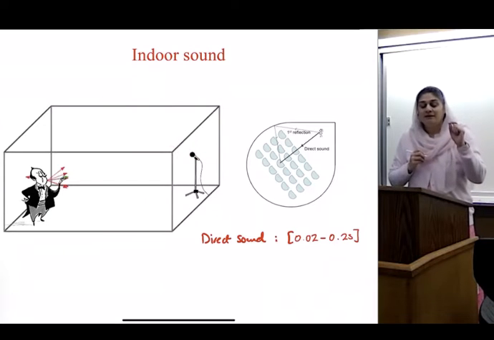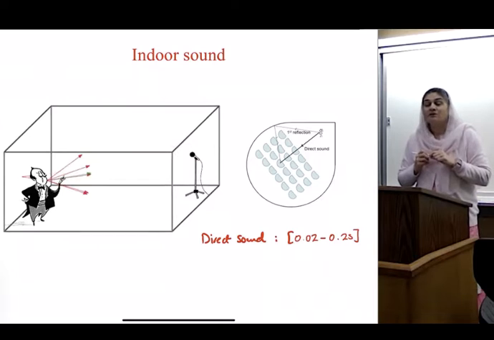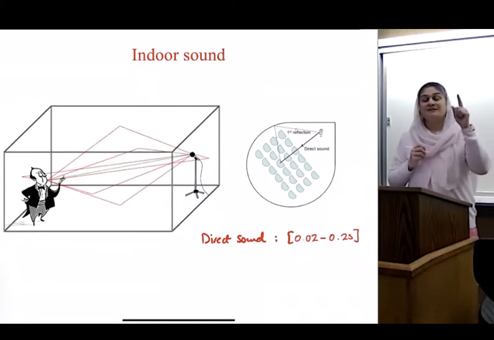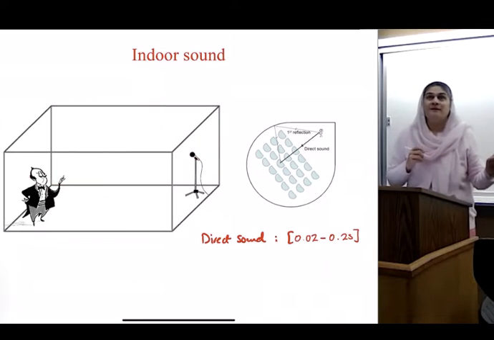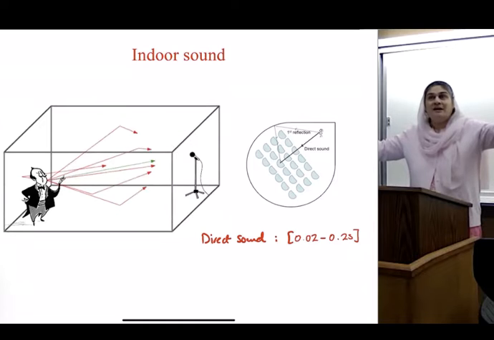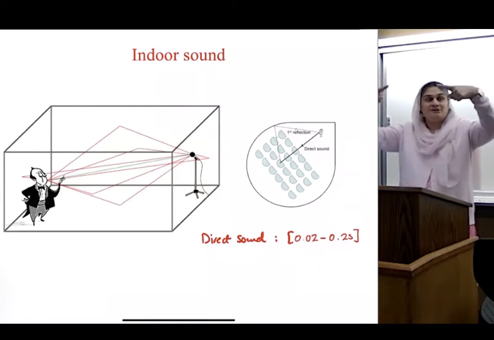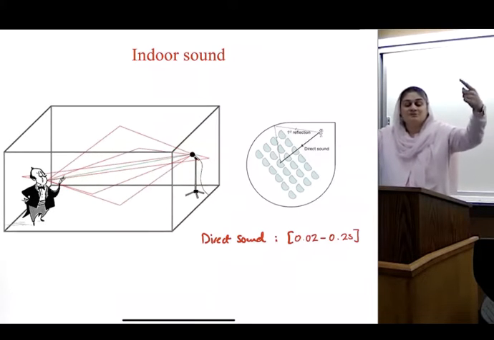Now, all the red arrows, note them carefully. Those are called first reflections. They can be from the ceiling, from the back wall, from the side walls, and they're also from the floor. They're all these reflections going towards you, because we are in an enclosed space.